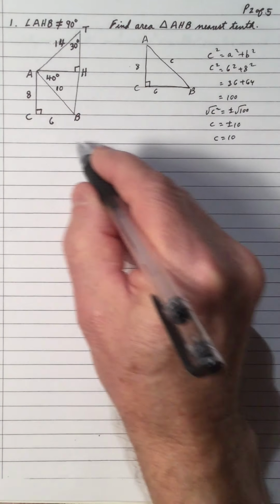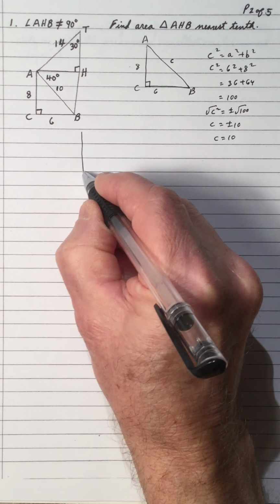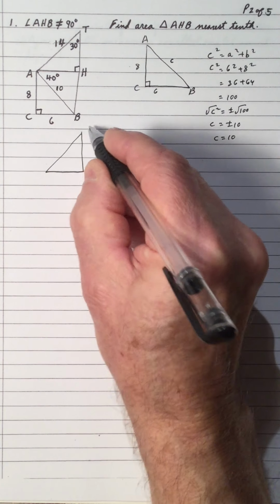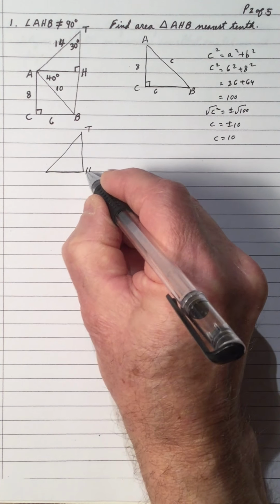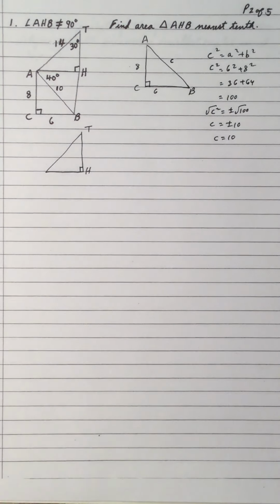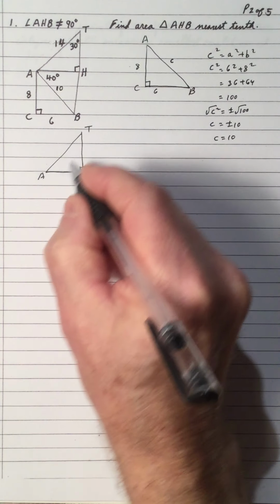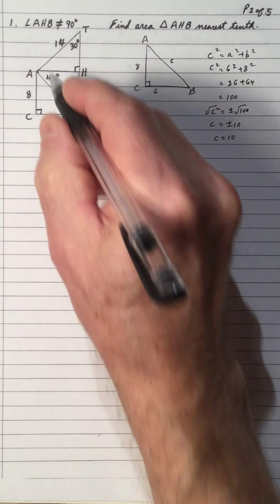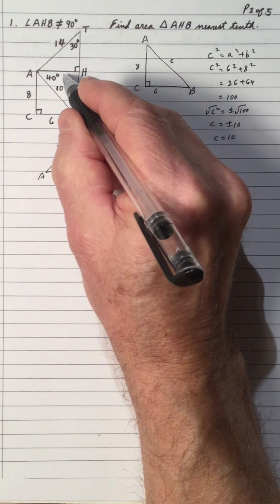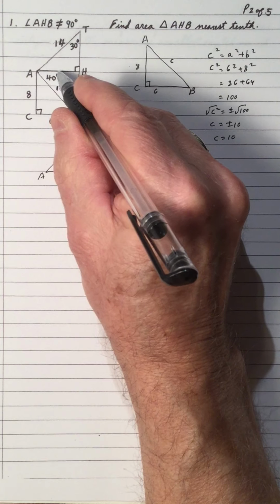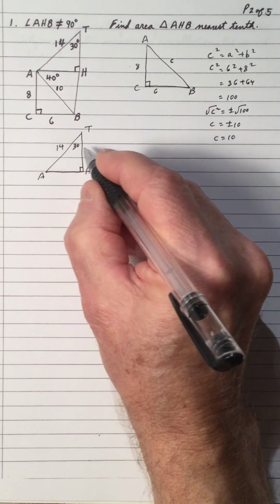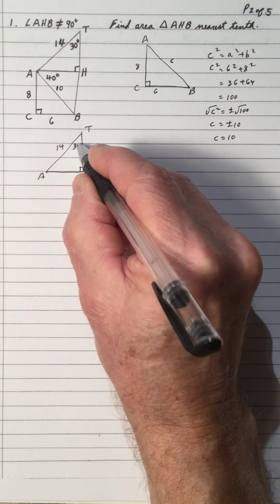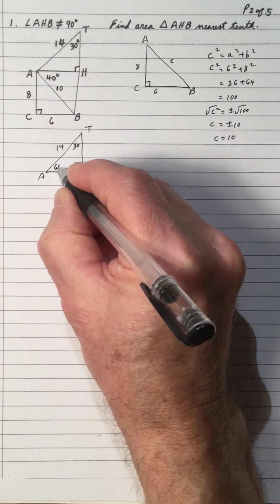And now we have another triangle right here. Let's see this triangle, it's AH with a right angle, and we have an A, and we have a 14 and a 30. So we need to get the length of AH in order to work on this triangle with a side angle side. So we have a right triangle with a 30, so this is a 60.